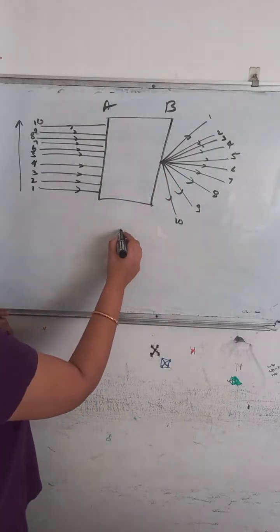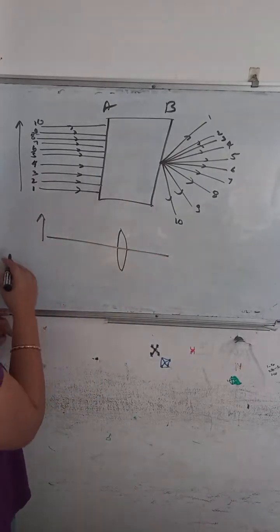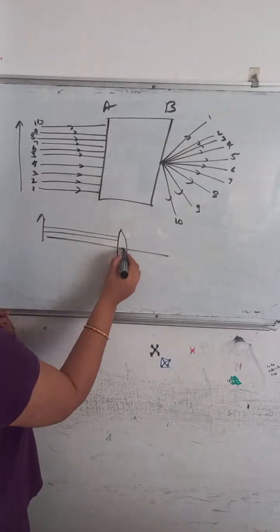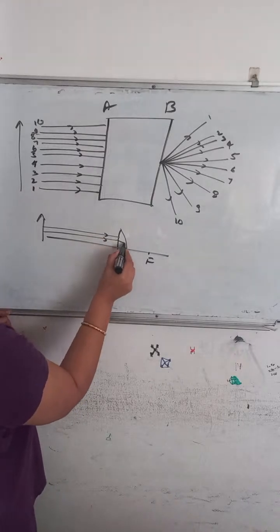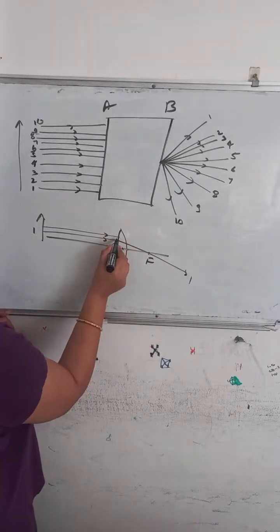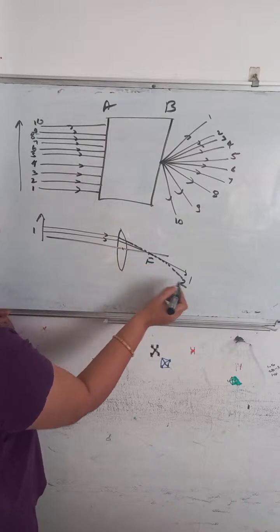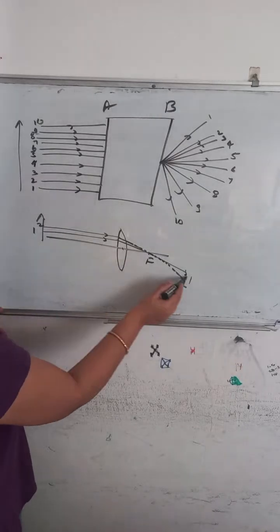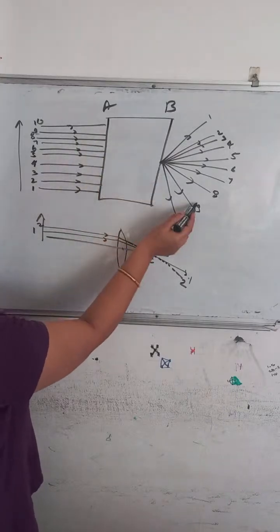Because if we take the convex lens, suppose the object is kept at a certain distance, a number of rays are traveling parallel. If there is a focus F, then a ray of light passes through the focus. Suppose this is my first line, so first will come here, then another ray of light passes through this focus, so this is the second. So 1 will come here, 2 will go down. 10 comes here, 9 will come here.